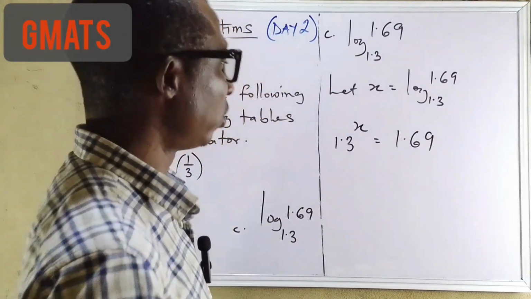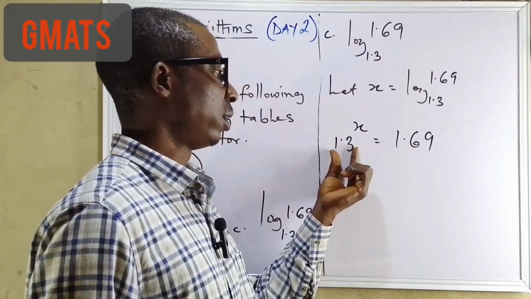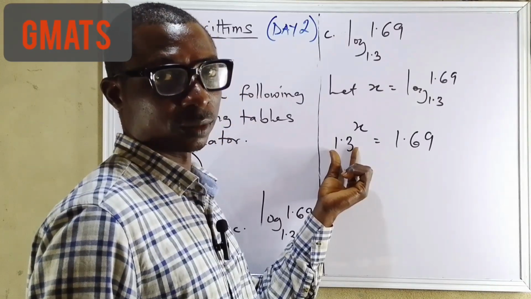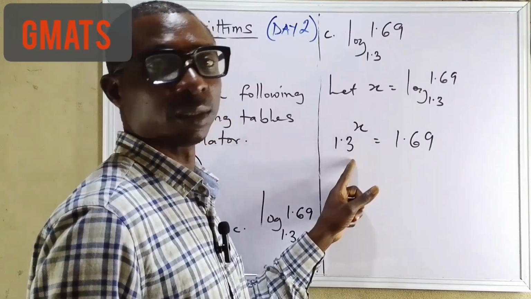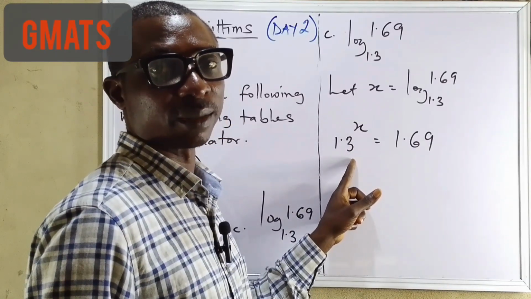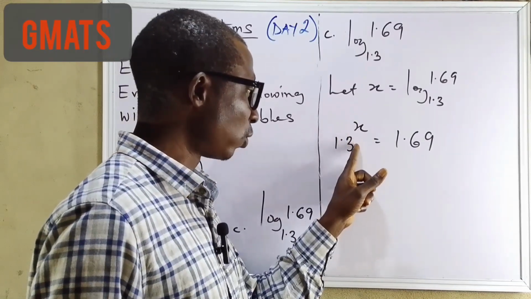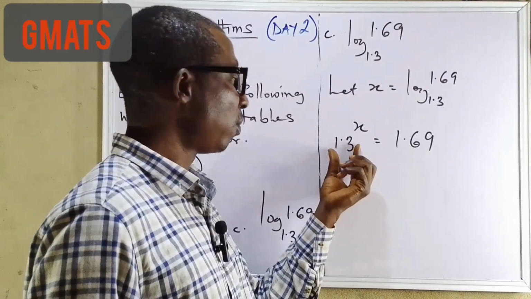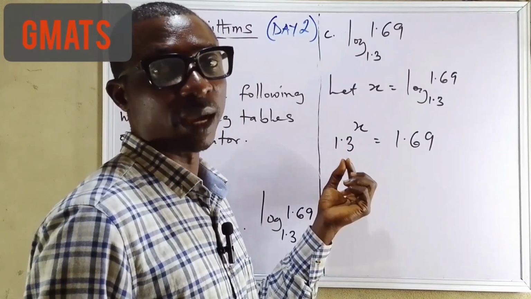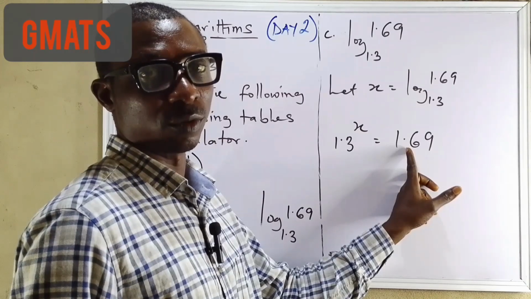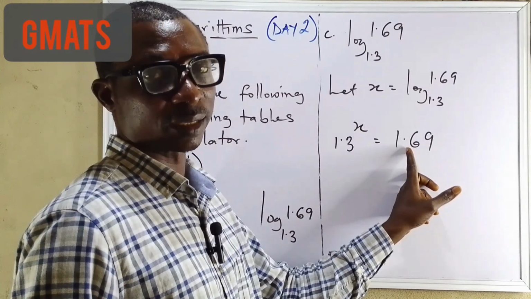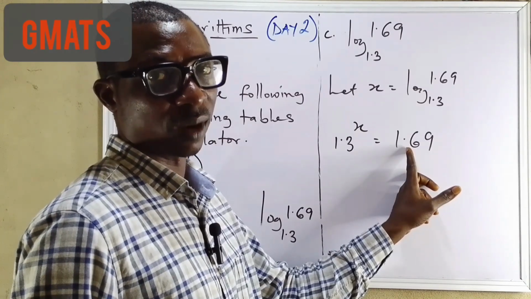Right? So the next thing is to change this to fraction. Now, what's going to be the fraction of 1.3? That is 13 over 10. Because once you move the point once, the whole number you have here, you divide by 10. Now look at this. The fraction of this is going to be 169 divided by 100.